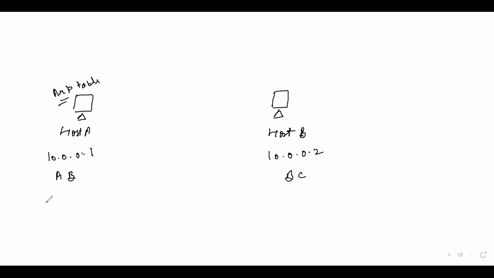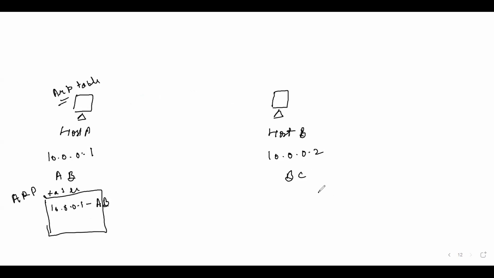Every device has an ARP table, right? So this device has an ARP table: my IP address is 10.0.0.1 and my MAC address is AB. This is an ARP table.